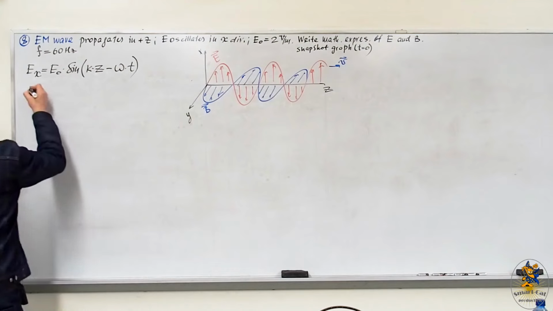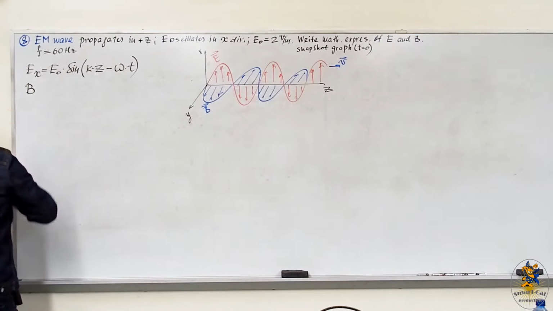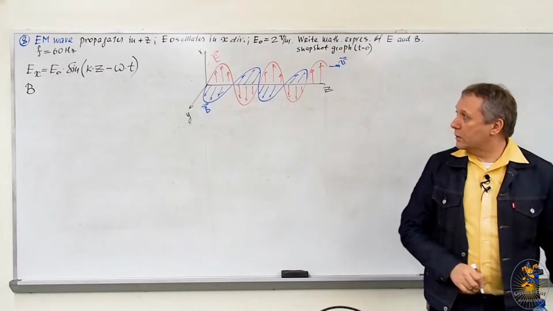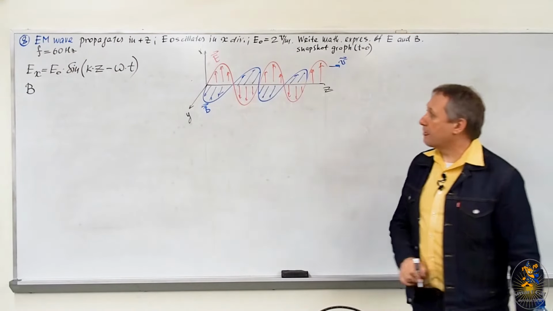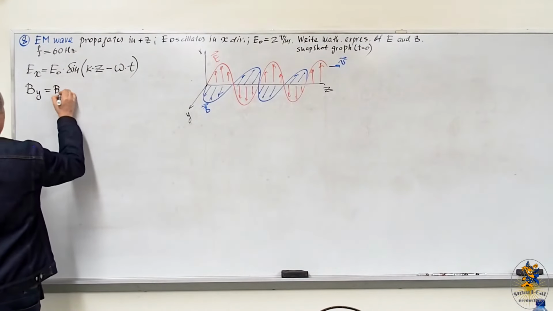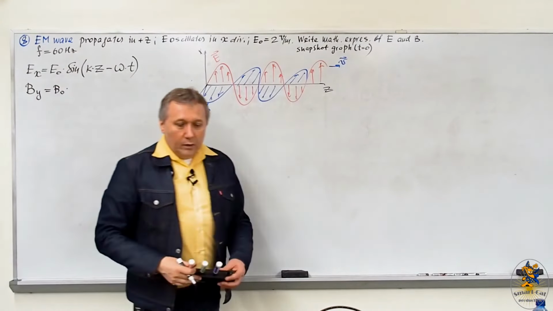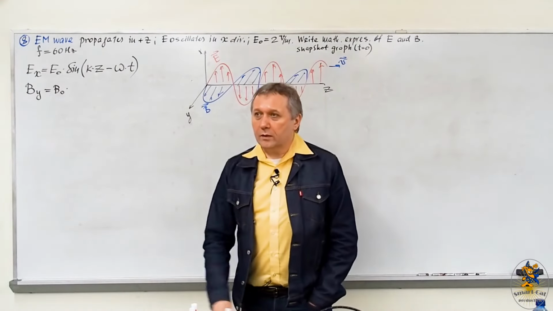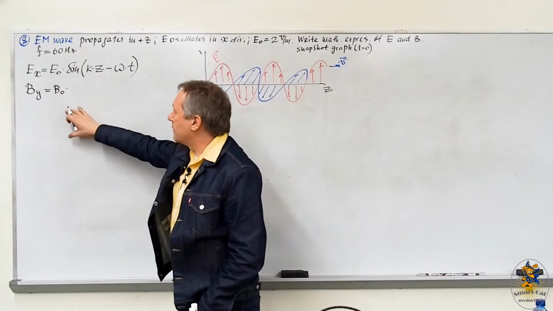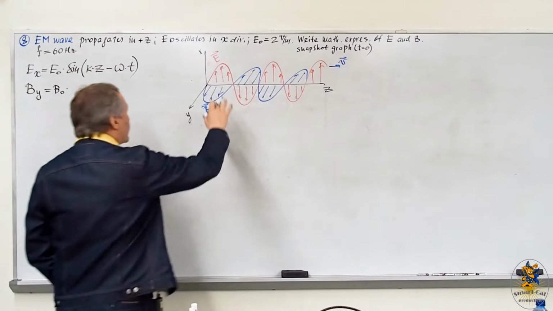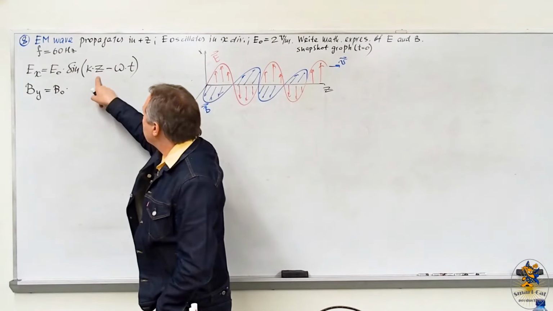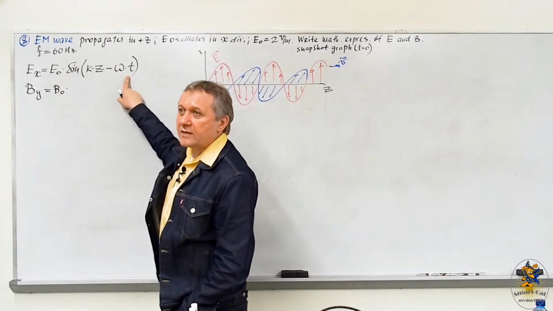Great. So now, what about the magnetic field? B, and now the subscript must be y. B sub y equals B naught. And as I said at the very beginning, both of these waves, the electric field traveling wave and the magnetic field traveling wave, oscillate in unison. So it means that the z and time dependence in this case are exactly the same.